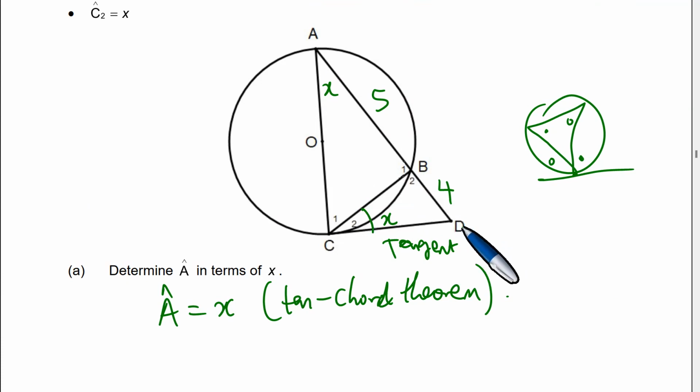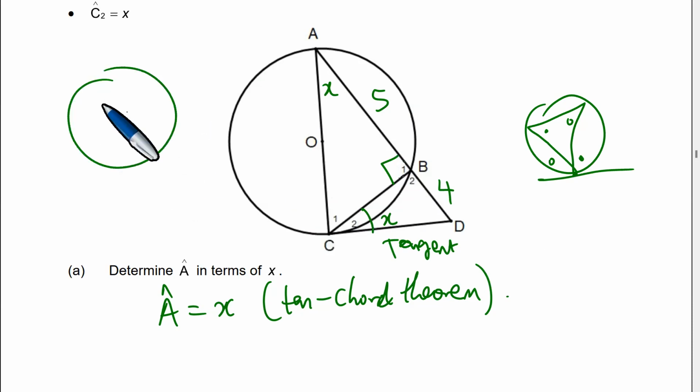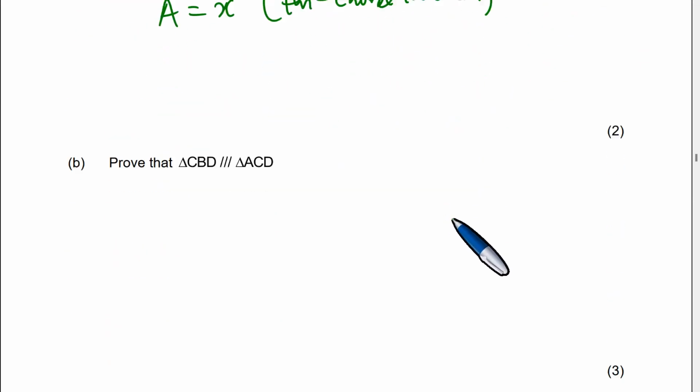You have that D is a common angle, but the angle B2 is equal to 90 degrees because AC is a diameter, so it subtends an angle of 90 degrees at the circumference. So angle B1 is 90 degrees, but most importantly, angle B2 is 90 degrees. These are adjacent angles on a straight line.